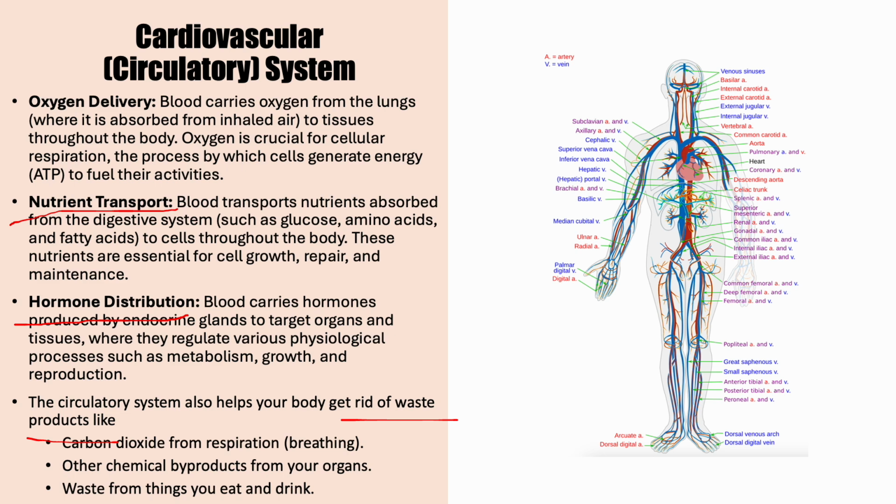Now if you see this diagram, the heart is here and we see multiple blood vessels indicated in red and blue color. In cardiovascular diagrams, red typically indicates arteries and blue indicates veins.